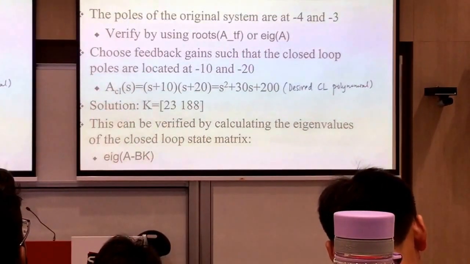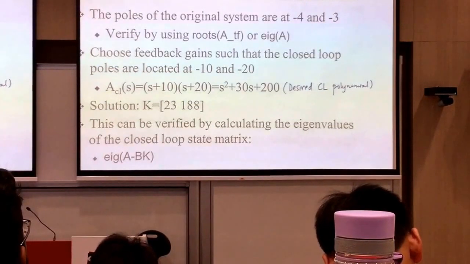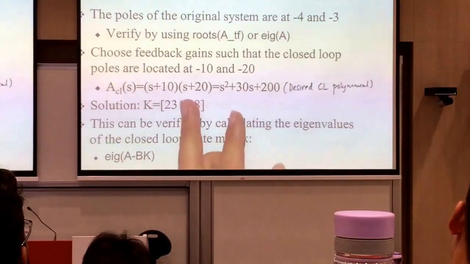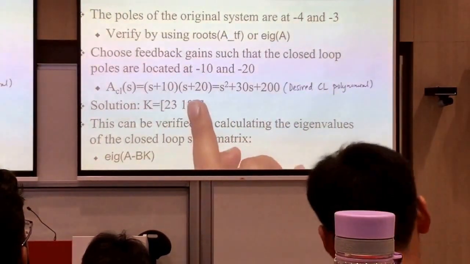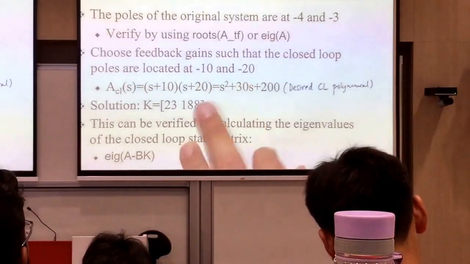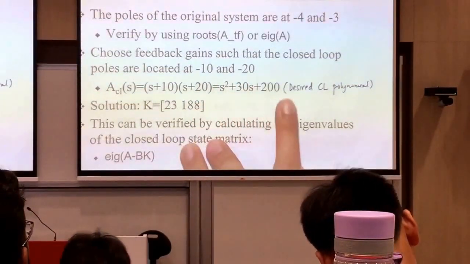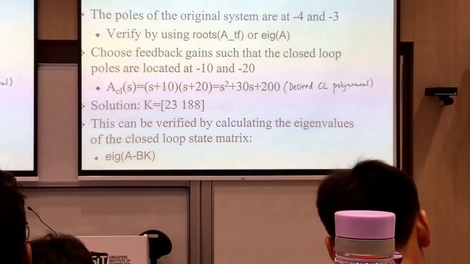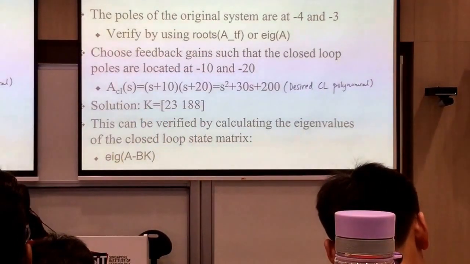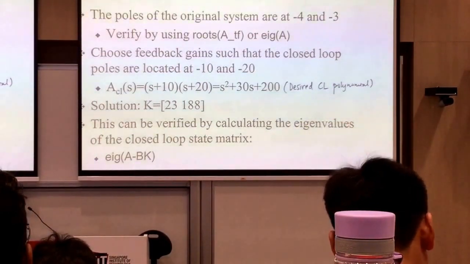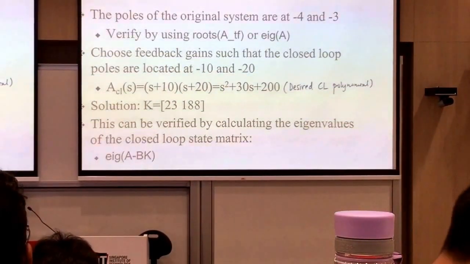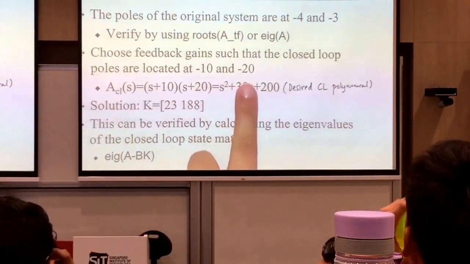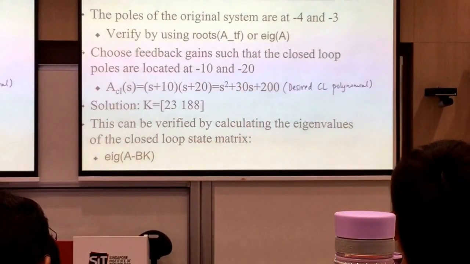But for your sake, in future, if you're trying to figure out whether your answer is correct, you can form the desired closed loop polynomial, s plus 10 times s plus 20, because the desired closed loop poles are -10 and -20, s squared plus 30s plus 200. The solution will give you automatically 23 over 8. You can also check the eigenvalues of A minus BK. It will tell you that the eigenvalues are at -10 and -20, which are the desired locations.